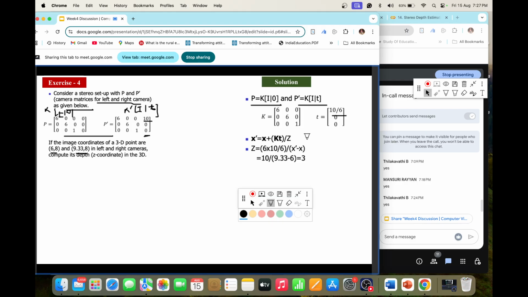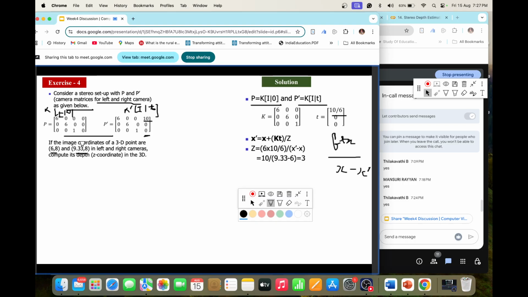So f is 6, tx is 10 by 6, divided by x minus x dash.